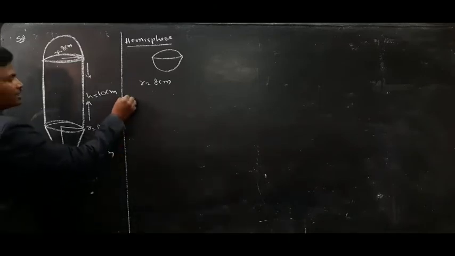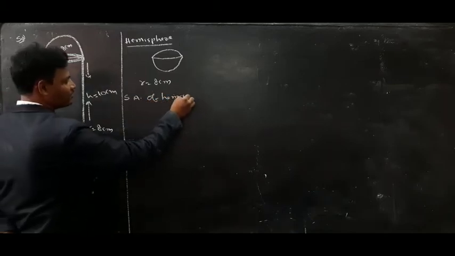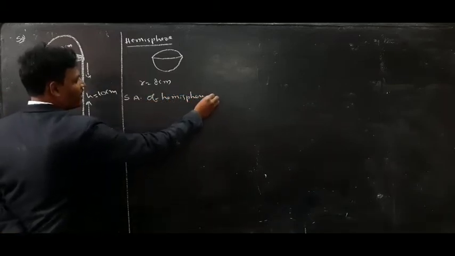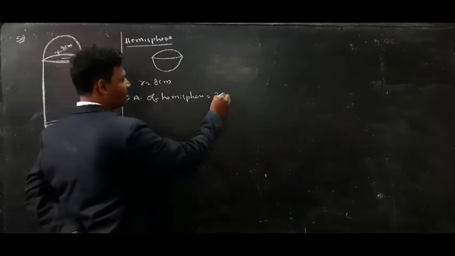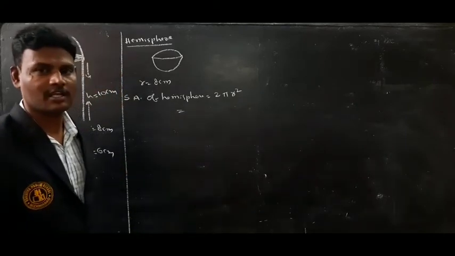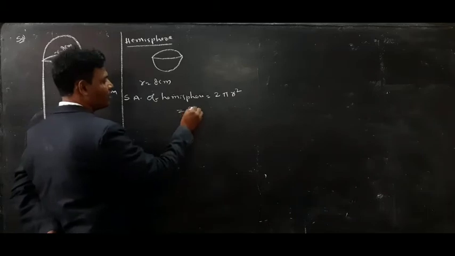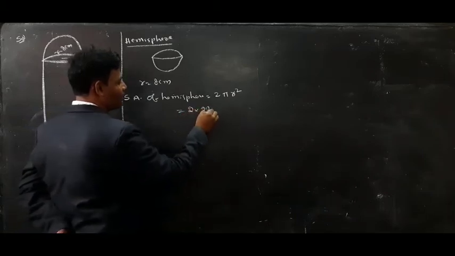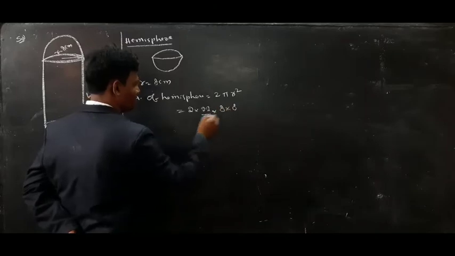Now I need the surface area of the hemisphere. What is the formula to find it? 2 pi r square. So 2 into, what is the value of pi? 22 by 7 into r square, which is 8 into 8.